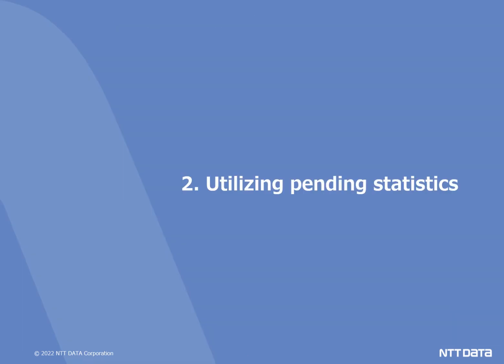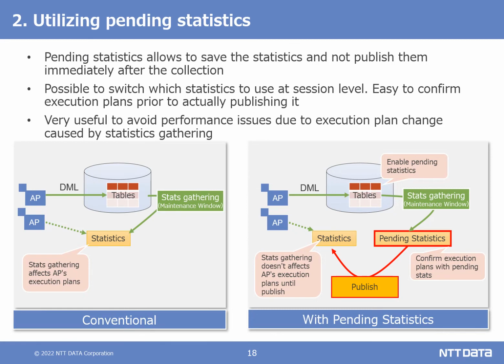I'm going to talk about the second point, utilizing pending statistics. First, let me explain the basic feature of pending stats. It used to be that gathering statistics directly affected applications' execution plans, so gathering and publishing were always together. Now with pending stats, you can save statistics but not publish them immediately after gathering.